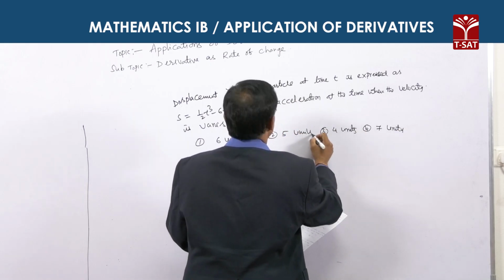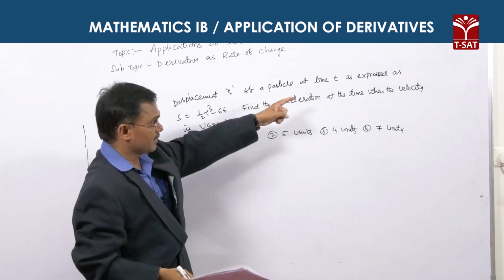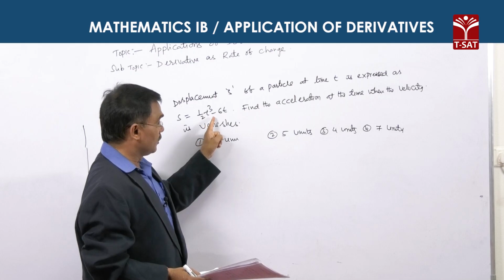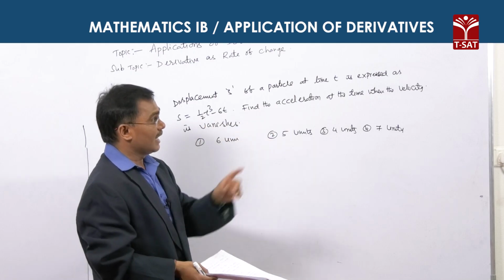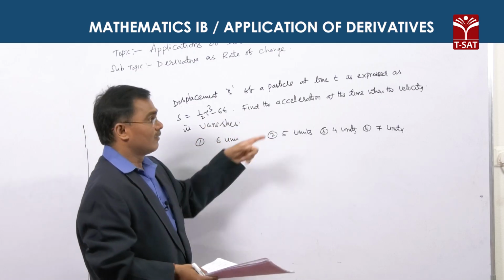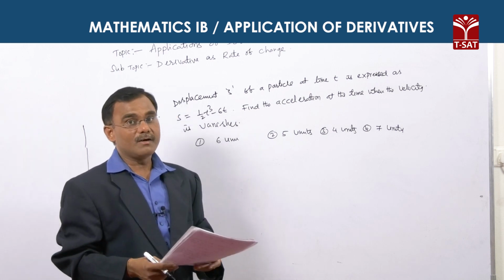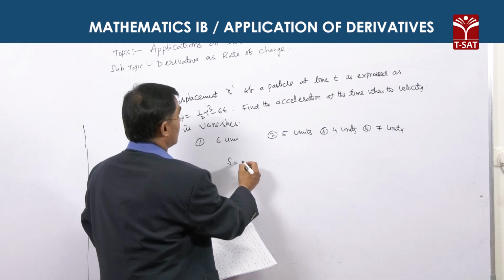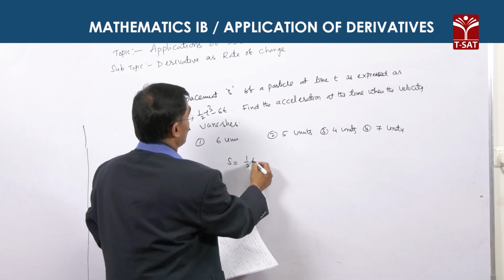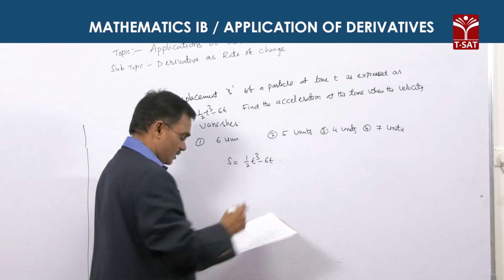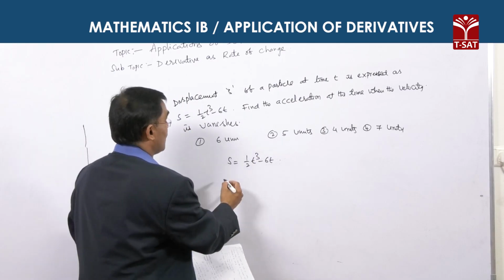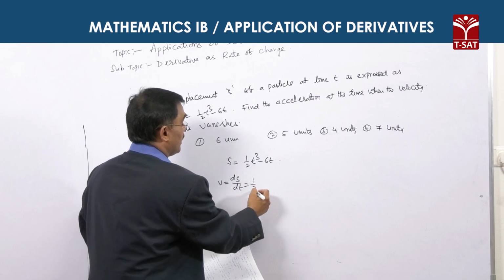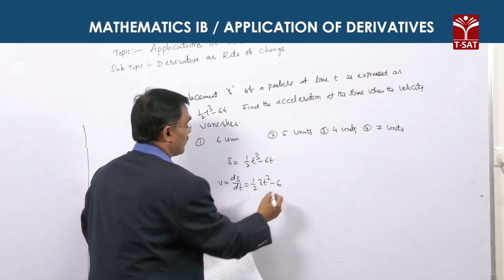So this is the question being asked. Displacement of the particle at the time t is expressed in the equation S is equal to 1/2 t cube minus 6t. Find the acceleration at the time when velocity is 0. Velocity is 0, then find the acceleration. The displacement equation is S is equal to 1/2 t cube minus 6t. So the velocity v is equal to ds by dt, which is 1/2 into 3t square minus 6.